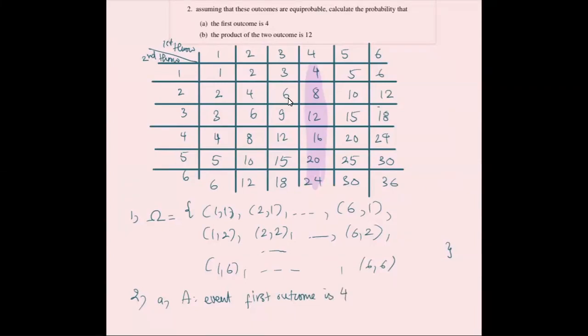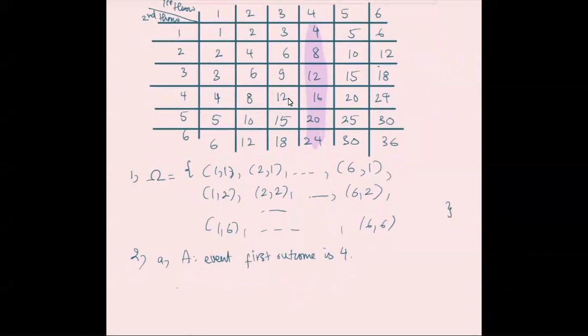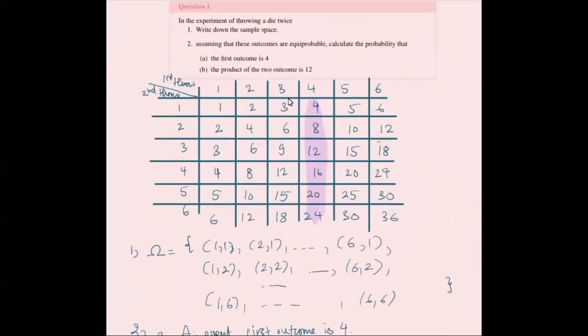Make sure to define any new set that you want to use. And then I will write down what is A. And then I'm interested in the probability of A. Since every number here has the same chance to be landed, then we have equiprobable events for each of the events here.